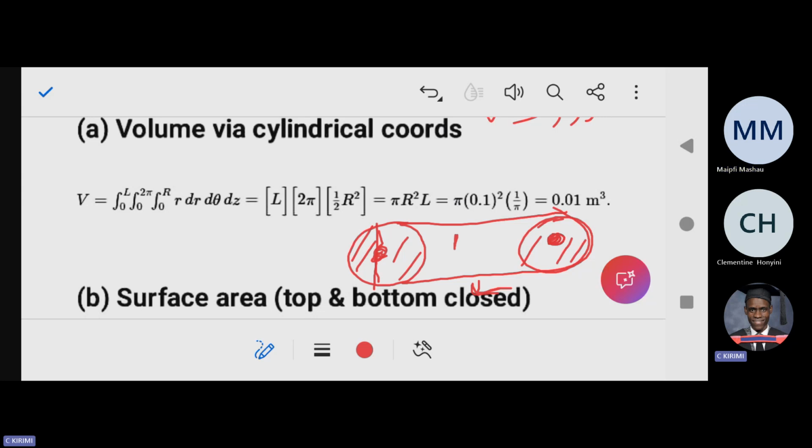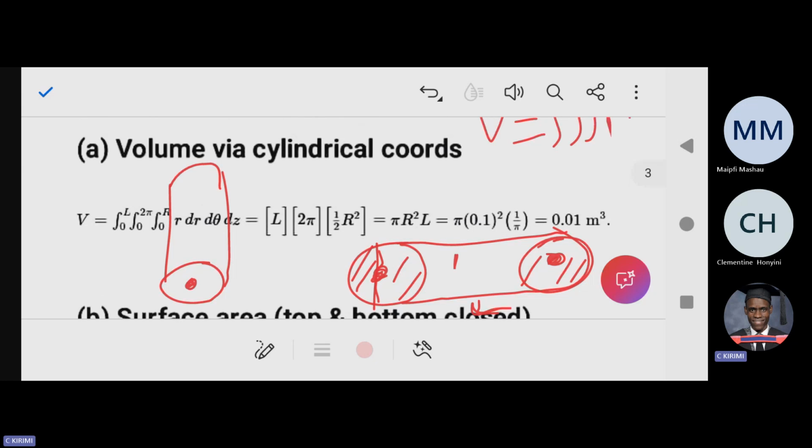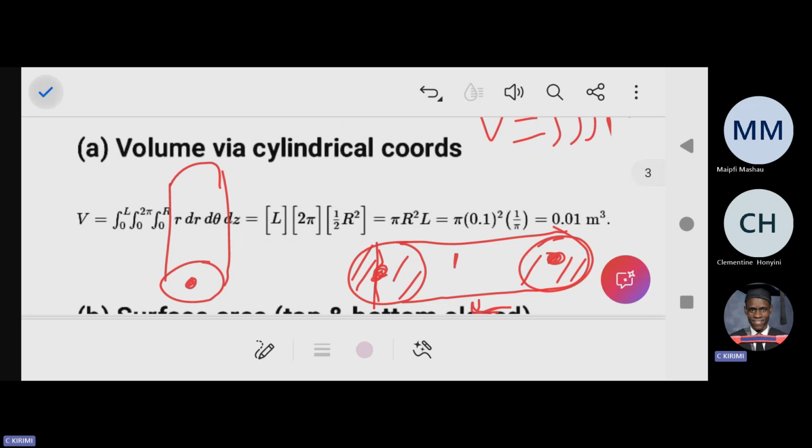And your theta, remember, if you are positioning the cylinder facing upwards like this, it will be along your Z plane. Along the Z axis, we draw it like this. Let's use a different color. Your cylinder is passing along the Z axis.